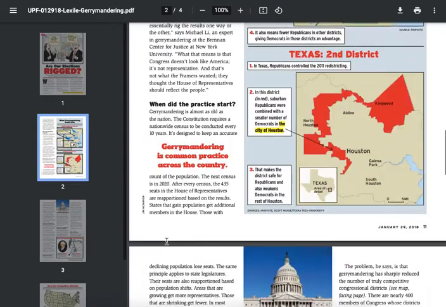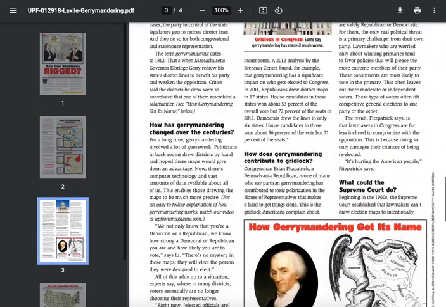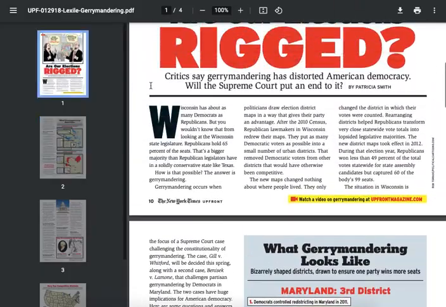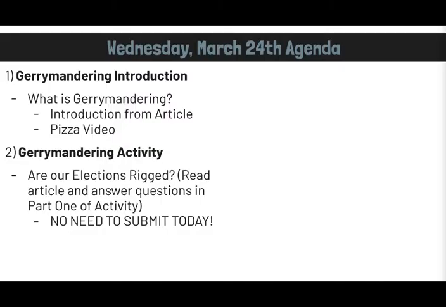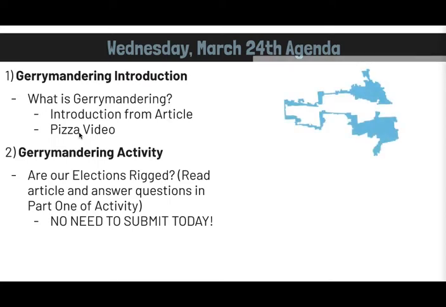We're going to read the rest of the article a little bit later today. However, what does this actually mean? What does this actually look like? It means that our congressional maps that determine who has power in this country are wacky looking and oftentimes are not representative of an actual solid district because they're drawn by politicians. So, for example, this is known as the earmuff district.